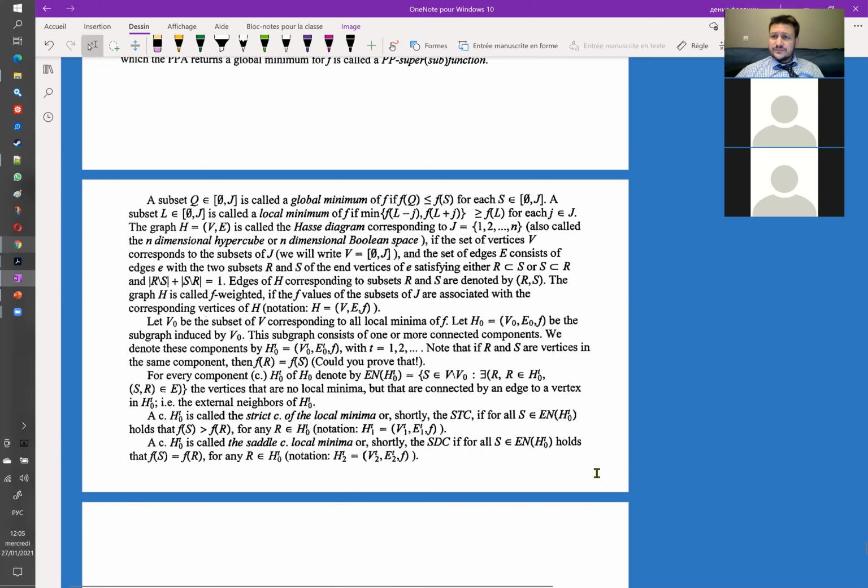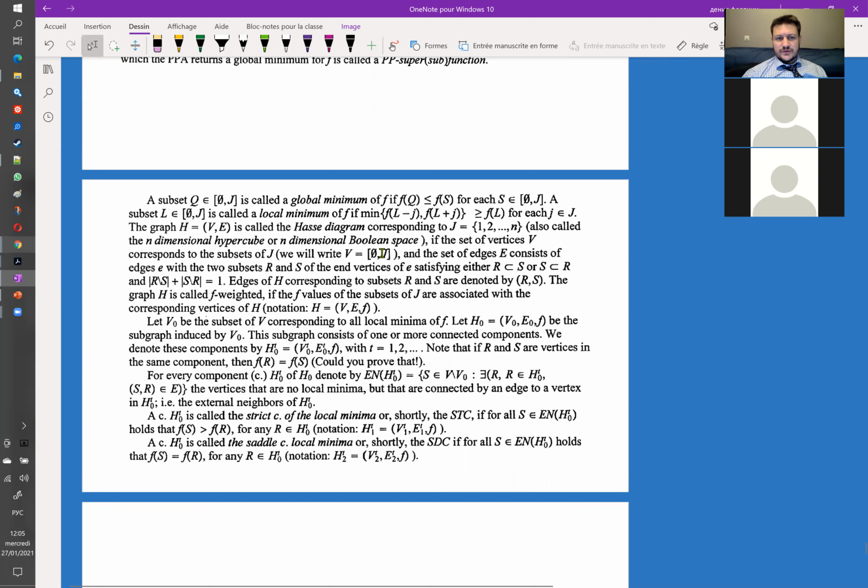So there is in that file the definition of global minimum and local minimum, but it's just from the general background, to maybe know this. Global minimum means that there is no such variable, and local minimum means that if it is in the local neighborhood... there's a Hasse diagram, hypercube, and so on.